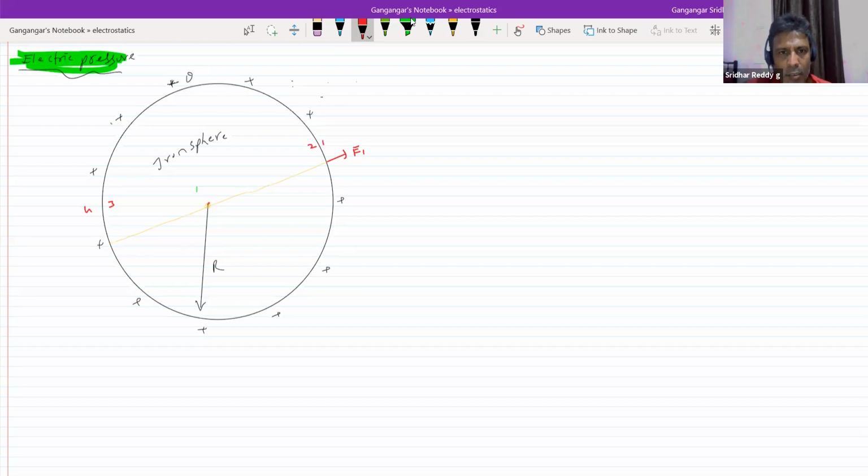And similarly, the charge present here will also produce field. Similarly, the charge present at point 4. What are 1, 2? Okay. Now it is like this. Look at this clearly, all of you.